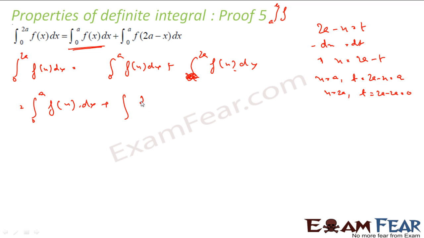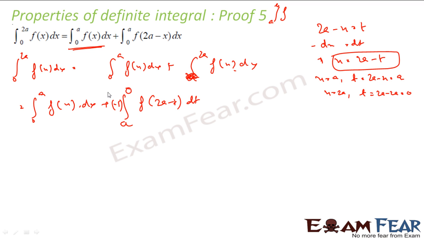I'll make f(x), as x is nothing but 2a minus t, so f of 2a minus t. dx becomes minus dt, correct? Now the range will change. It is from a to 2a, so it becomes a to 0.